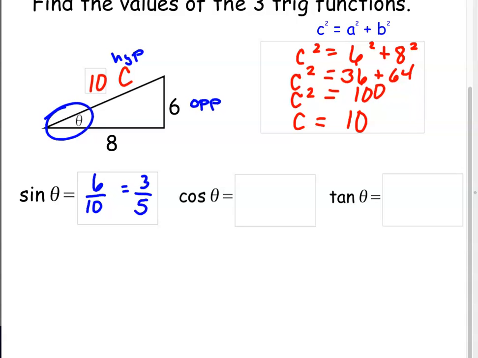Okay, cosine uses which sides? Adjacent divided by hypotenuse. So in this case, which one is the adjacent side? The 8. So adjacent 8 divided by hypotenuse 10. And that, again, we can reduce down to 4/5.